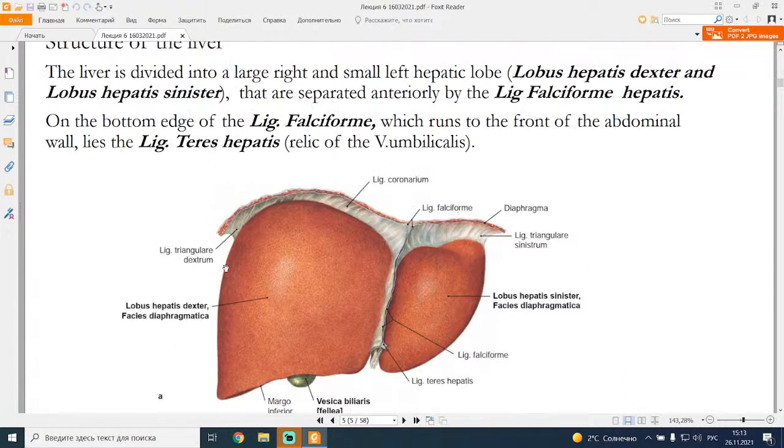This is lobus hepatis dexter, lobus hepatis sinister. It is ligamentum falciforme hepatis and ligamentum teres hepatis.